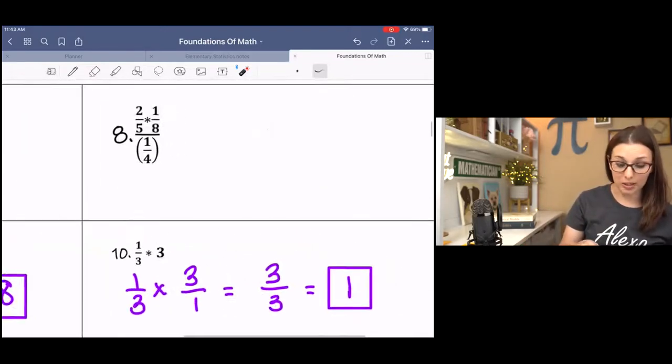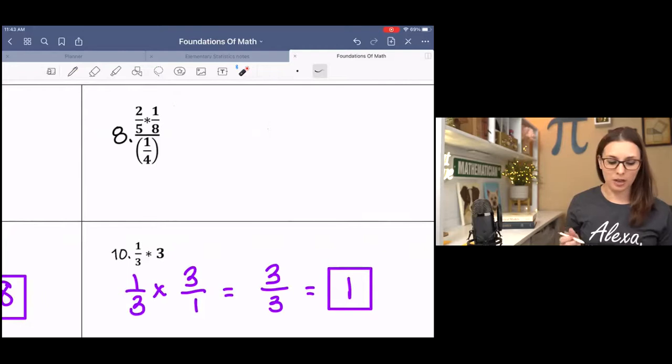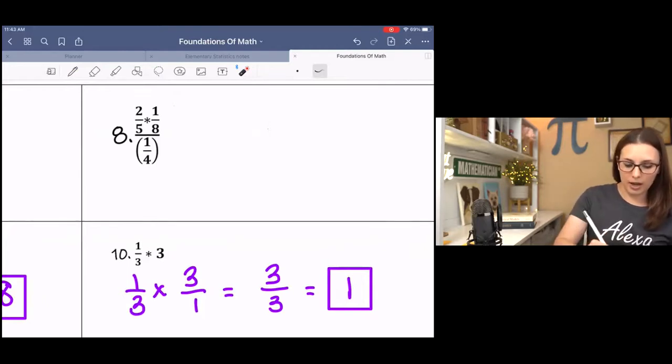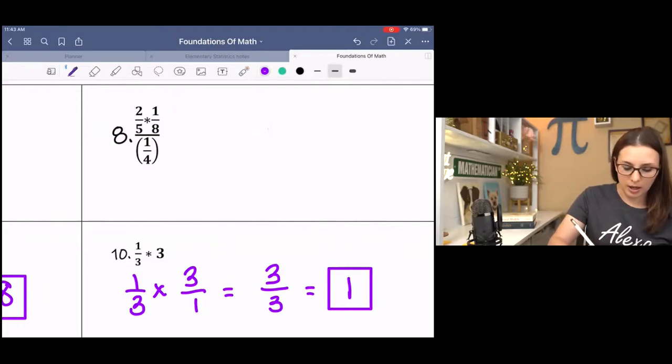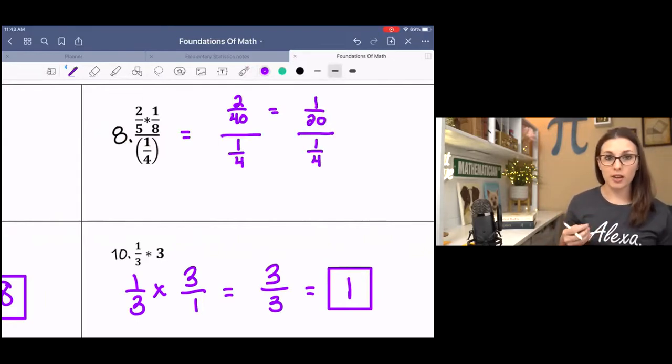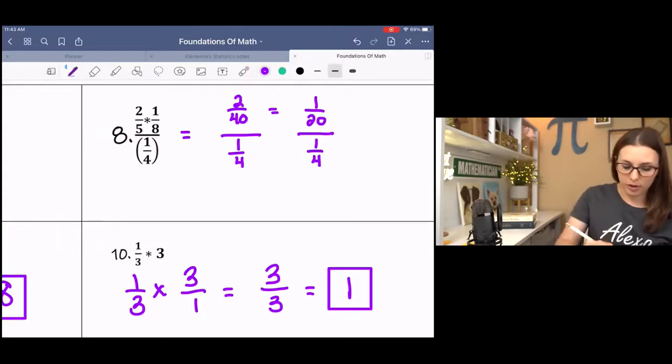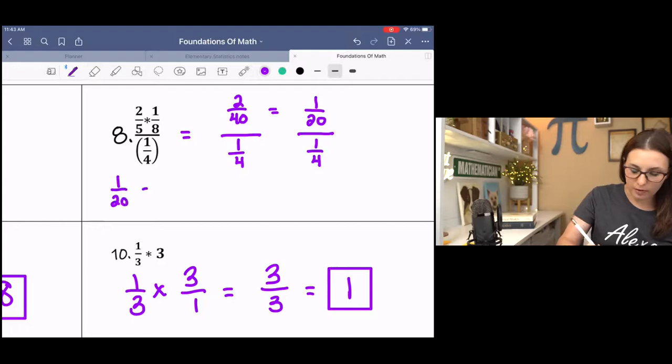And the number 8 looks like a lot of fun. I really like this one. Basically, what we're going to do here on number 8 is multiply the numerators first, and we get 2 over 40, which is 1 over 20. And then I'm just going to repeat this denominator. So what I have is 1/20th divided by 1/4. And you can write that out this way if that makes you more comfortable.